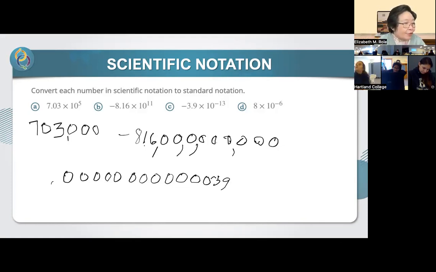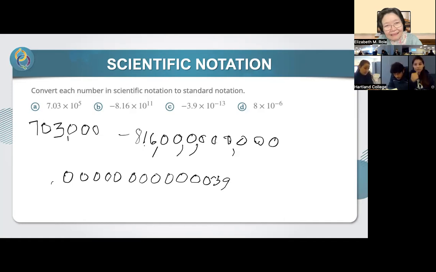All right, and so for your letter D, that's 8.0, 0.00000. It has a negative exponent. So if this has a negative in front of the exponent, then you go to the left. 5 zeros before 8, after the decimal.